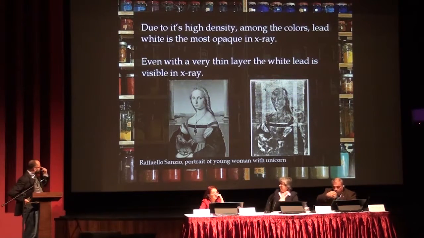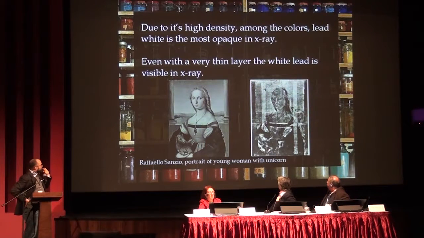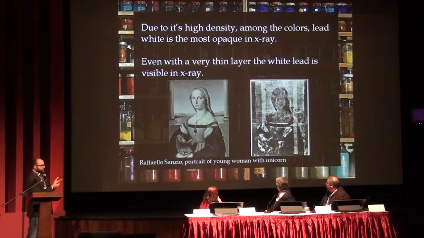You see on the nose of the painting, or on the cover here, that there is a very dense white brush stroke. That is white lead. Because lead is very dense, it will be white in radiography, just like the bone in the hand, because it's denser than the muscles and the other parts of the hand.